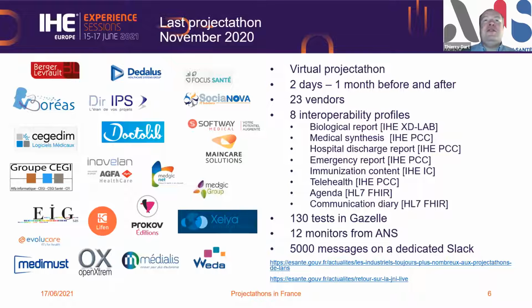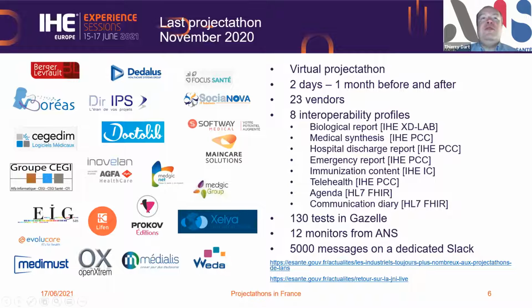It was 2 days only, but 1 month before, we organized a pre-Projectathon to train all the vendors, and 1 month after, we also continued to validate all the tests. So usually we say 2 days, but in reality it's 2 months of Projectathon.